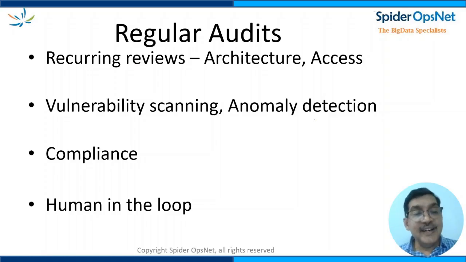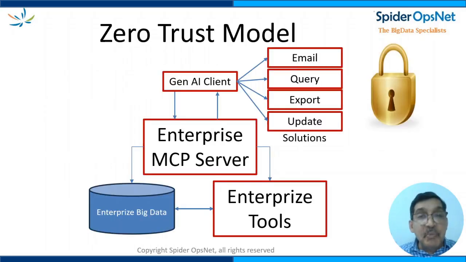And remember, always have human in the loop. If an administrator is setting up the system, then have someone outside the team to conduct a regular audit. They may not understand your system fully, but they can certainly ask questions and identify things which you might have overlooked.